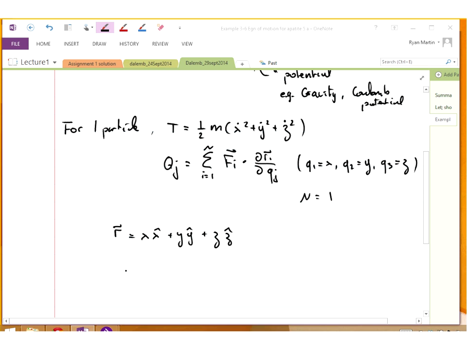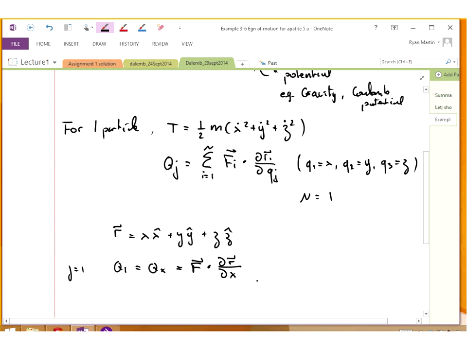Now let's calculate Q1, which is the same as Qx, so that's j equals 1. Qx is given by the vector F dotted with the partial of r by the partial of x, where I'm dropping the index i since it only goes up to 1.